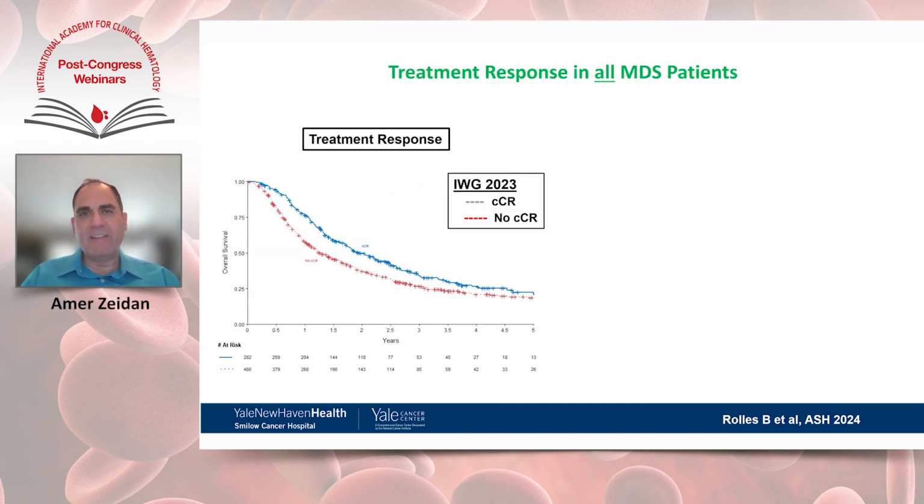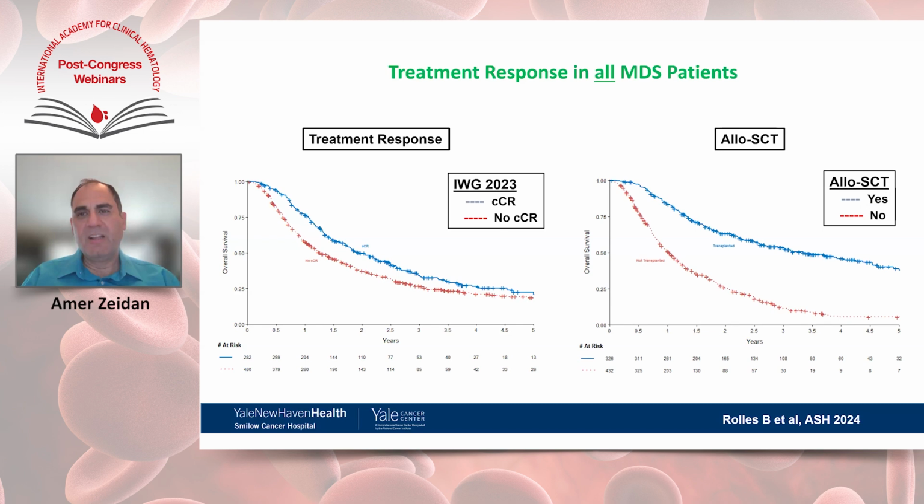So the first finding is that the International Working Group 2023 criteria did predict survival. Patients who achieved a composite CR have a better survival than those patients who did not have responses, which was very reassuring. But importantly, patients who had allotransplant have much better survival than those patients who did not have transplant, which is not surprising.